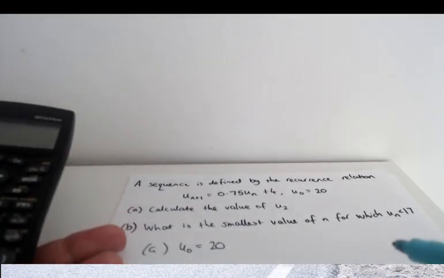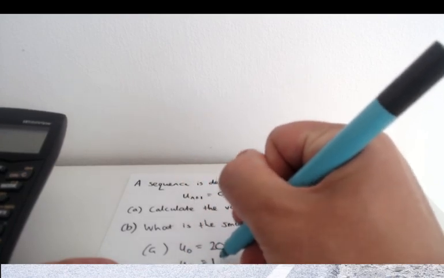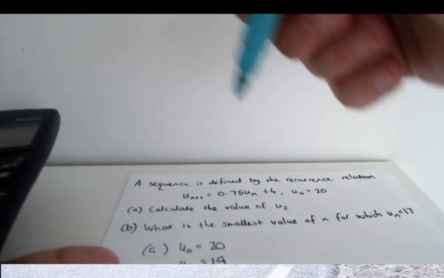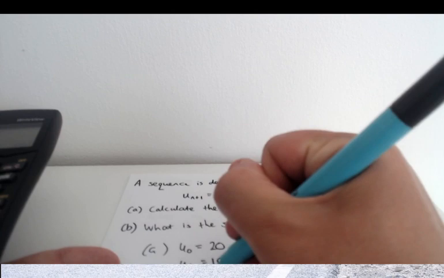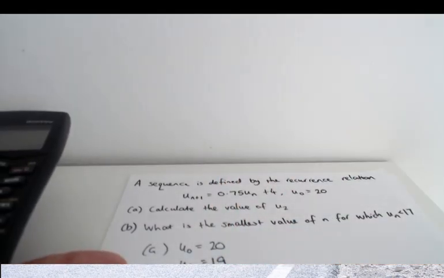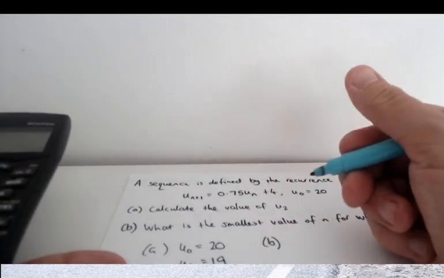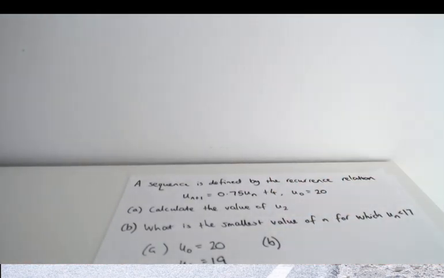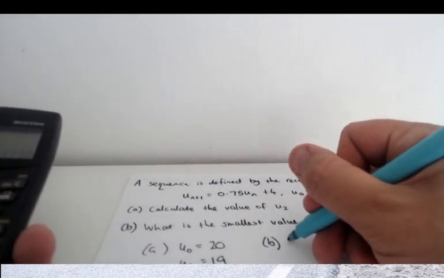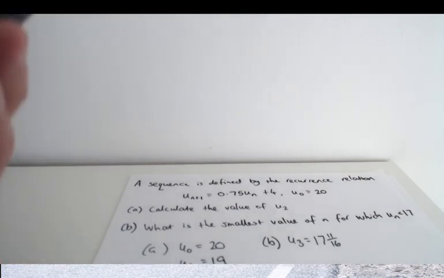Okay, using the calculator, using the fast method, U0 is 20, U1 is 19, U2 is 18 and a quarter. Job done. What is the smallest value of n for which Un is less than 17? So what is the first one that's going to give you an answer less than 17? Well, U3 is 17 and 11/16.